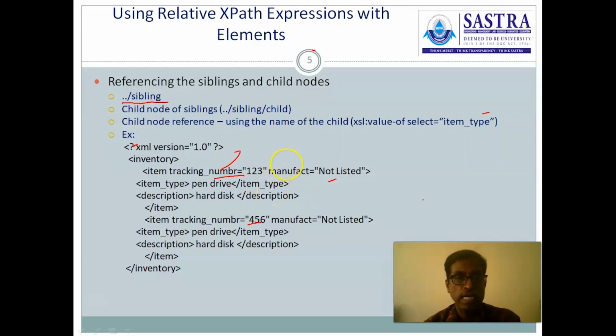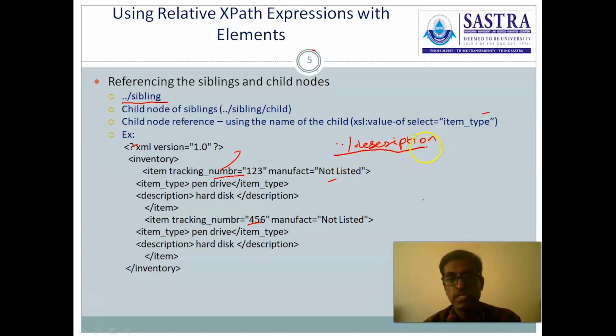So in this XML document, how to refer to the siblings of description? Let us say you are in the item type. You want to refer to the description, it comes under the siblings category, so that double dot refers to its parent from the current context. Who is the parent of item type? Item will be the parent of item type. So that item type will be referred, and then description.